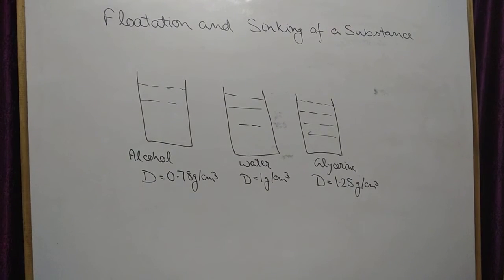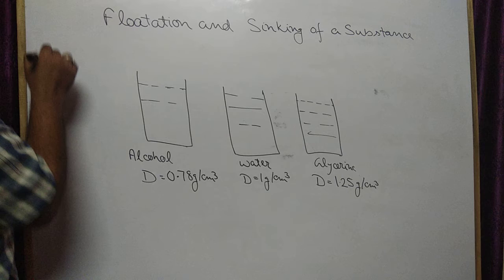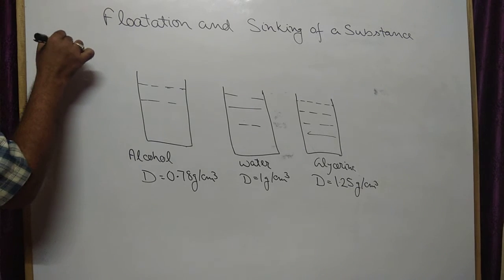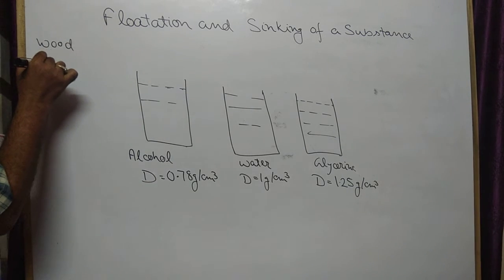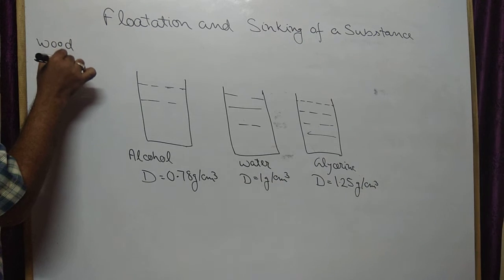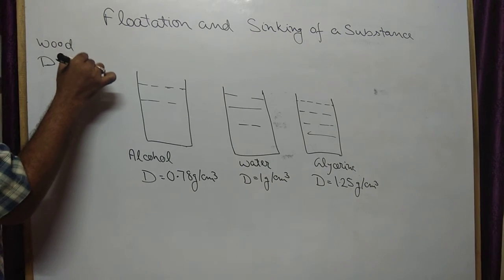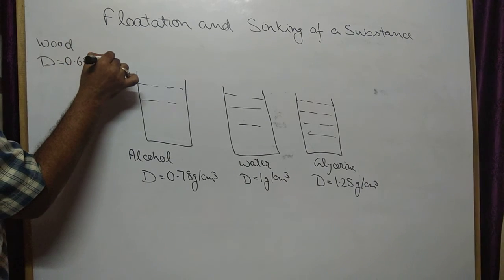Now we are going to discuss flotation and sinking in different types of liquid. In the previous experiment we had the same liquid and different objects. Now we take the same object, that is wood, having density 0.68 gram per centimeter cube.